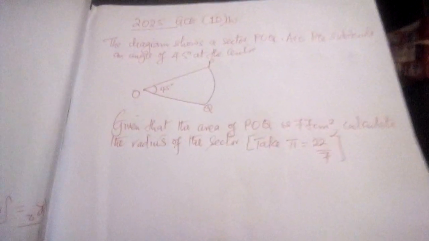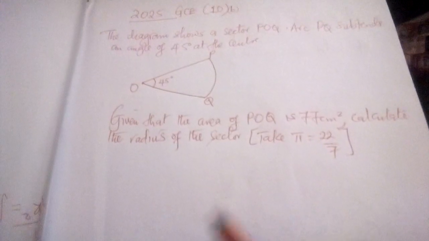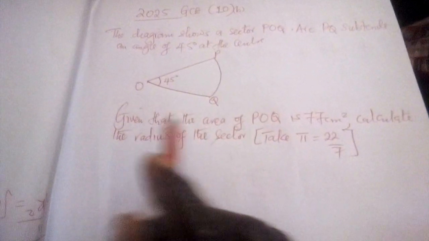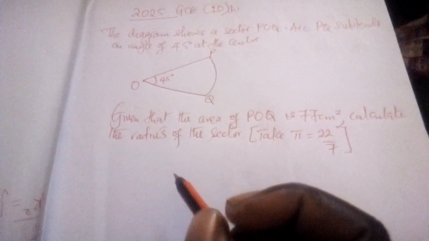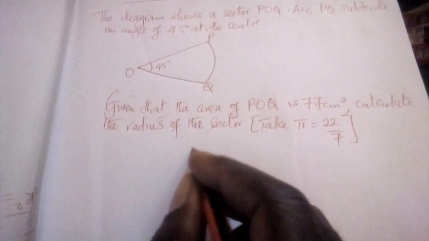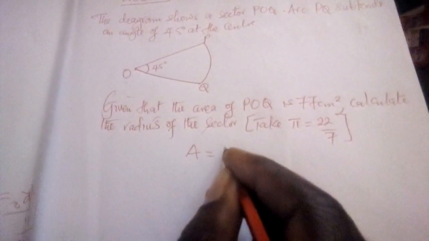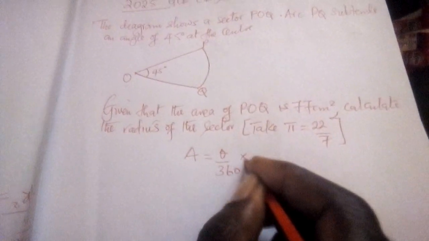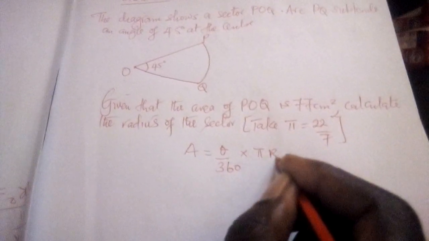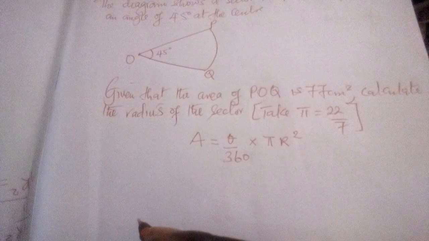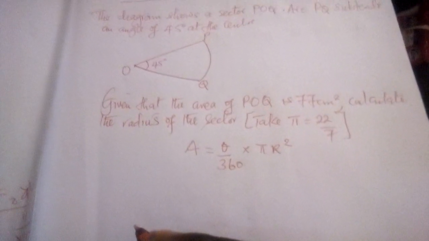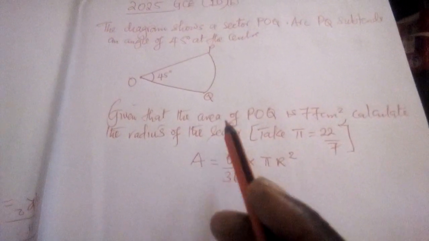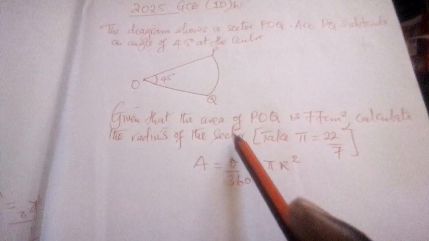Under sectors and under mensuration, we learned about how you can find the perimeter and the area, of which the area is given to be the angle theta divided by 360 times pi r squared. This is the formula that you use whenever there is something to do with area of a sector.